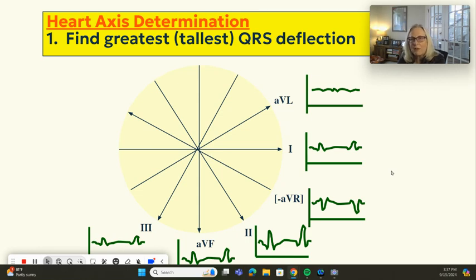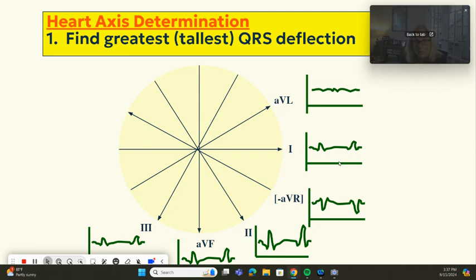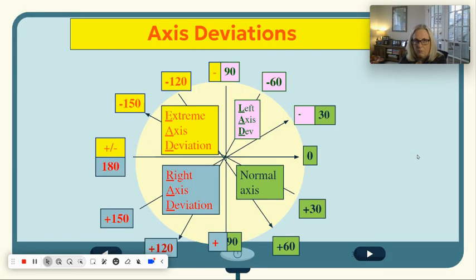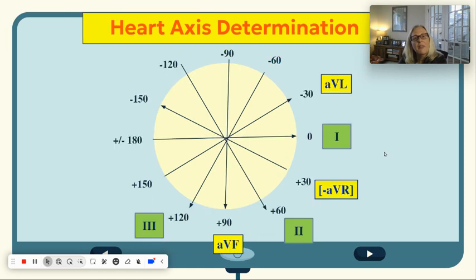So I'm going to switch over. I'm going to go back to the wheel where we had it. Back to the wheel. I'm going to go back to this one where I had all these on it, okay? Now I'm going to pull up my camera so we can take a look at the EKG together.